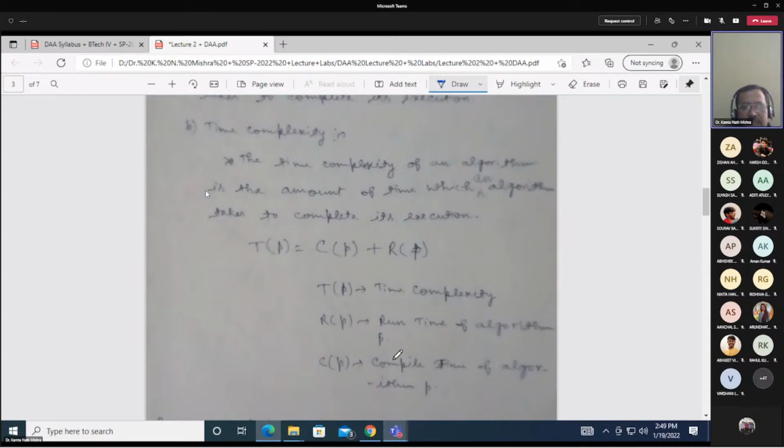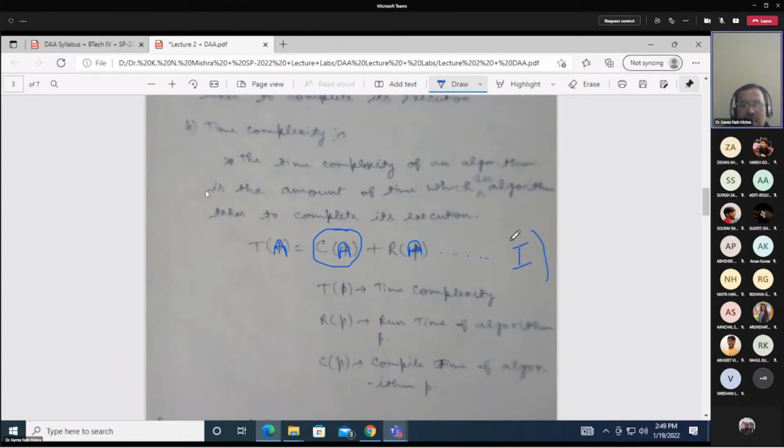Time complexity means this is TP, time complexity of a program, or time complexity of an algorithm TA equal to CA plus RA, where A is representing algorithm. Time complexity of an algorithm, TA equals CA plus RA. This is equation number 1.